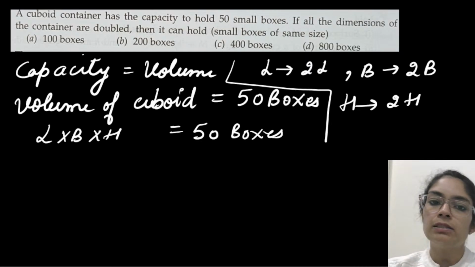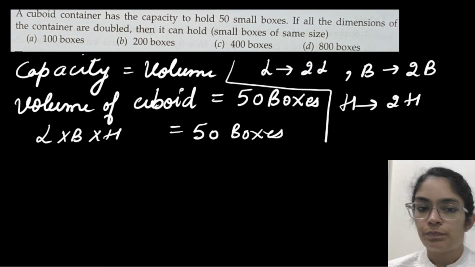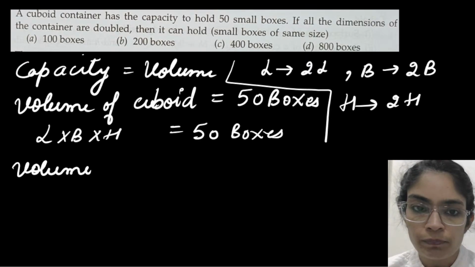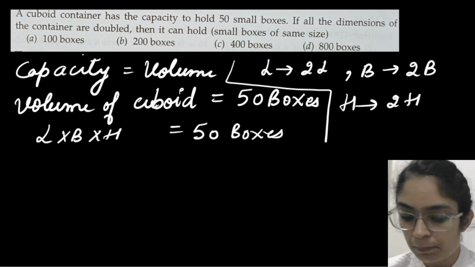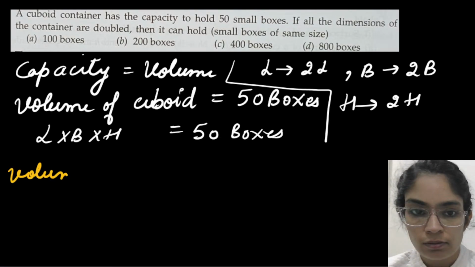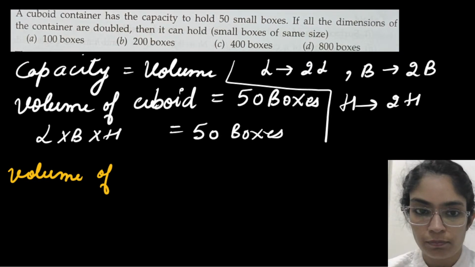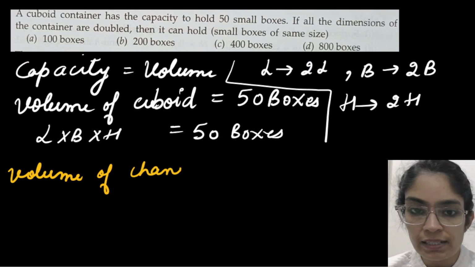So then what will be its capacity? Again we have to find the volume, for the second case when the dimensions are doubled. Let's see who will tell me the answer before me.